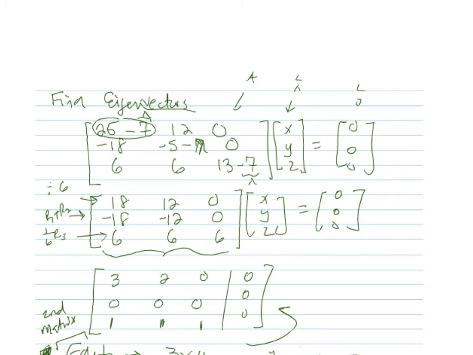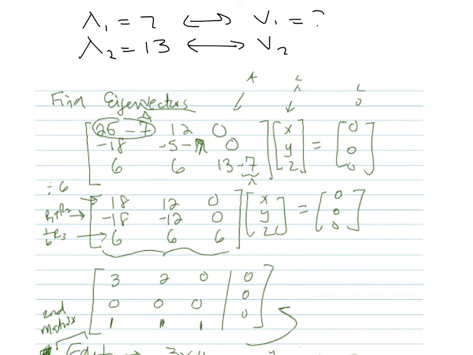And remember that, okay, so we have lambda 1 as 7, so we want to find the associated eigenvector for that guy. And our defective root, which is 13, is associated with a V2. Now, there's two, again, 13s, but we know that they're not unique.